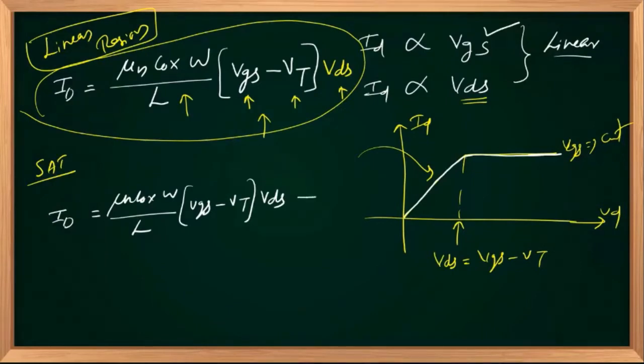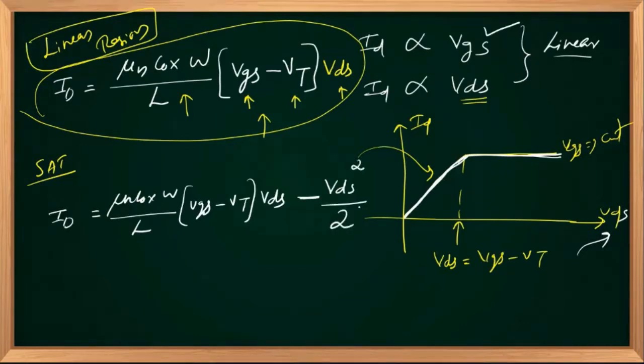You should have a negative term with respect to the x-axis, that is VDS, so that a positive slope at VDS equal to VGS minus VT will become flat. And flatness is non-linear. To get a linear to non-linear transformation, you should have at least a second order. So that term is VDS square upon 2.